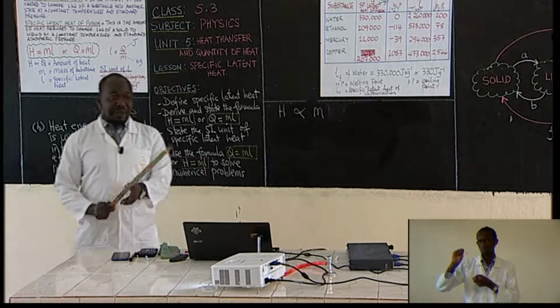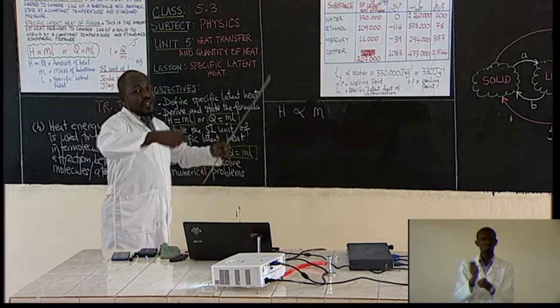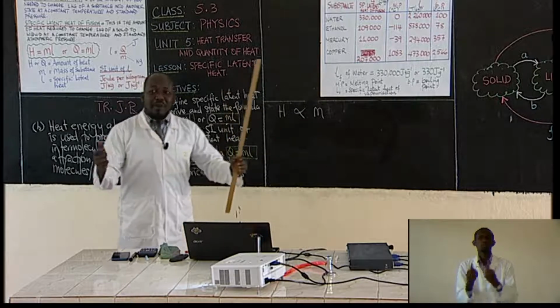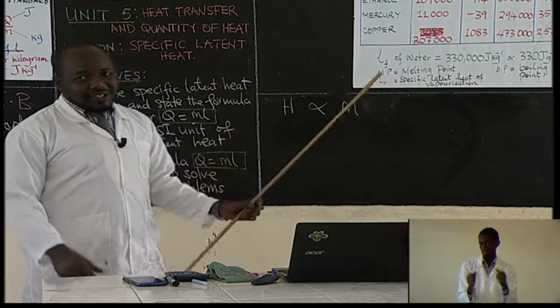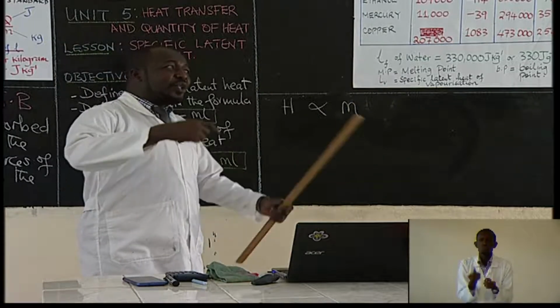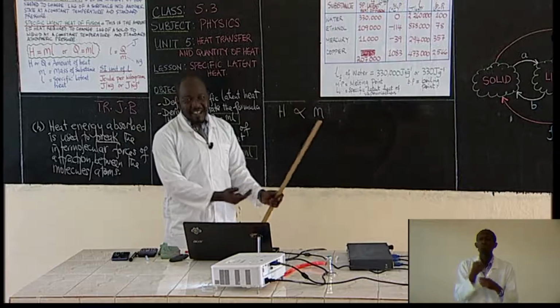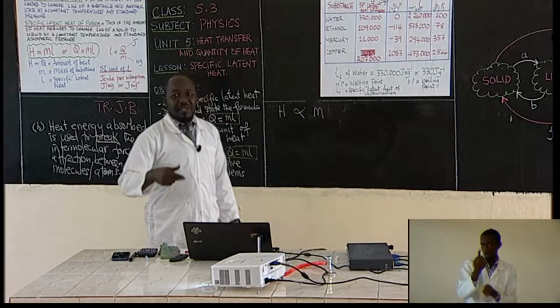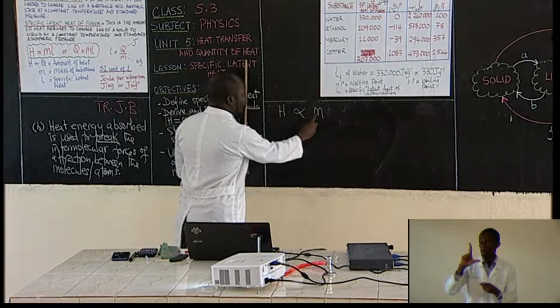So, amount of heat absorbed by any substance changing its state increases with increase in mass. So you have more mass, you need more heat to make a substance change its state. You also know when you're boiling water, if you need the water to change into vapor, if you have 1 liter of water, you need less energy. If you have 2 liters, you need more energy.